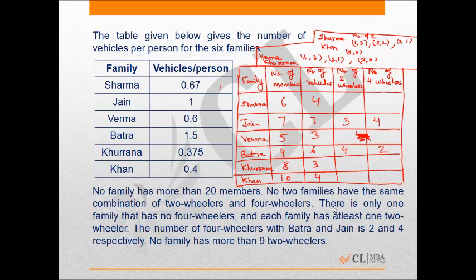Now what I can take is one of the possibilities with the Verma family is 3, 0, which means let's say 3 are my two-wheelers and 0 is the four-wheeler. And with the Khan family, I can go with 1, 3, which means 1 is two-wheeler and 3 is your four-wheelers. So let's see if I can answer now.